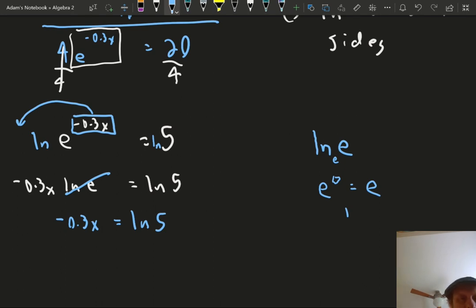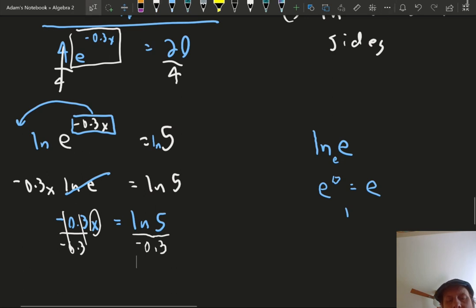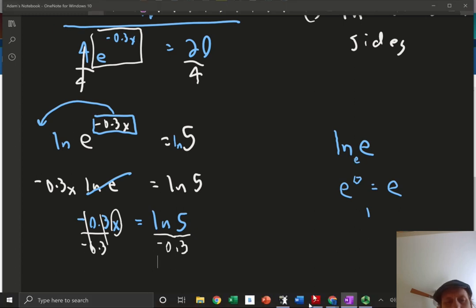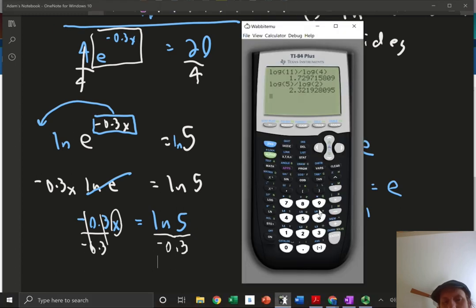Makes life much easier. And now I'm just going to continue to solve for x, divide by negative 0.3 on both sides. So I have x equals ln of 5 over negative 0.3. Let me do that on the calculator. So we have the natural log of 5.